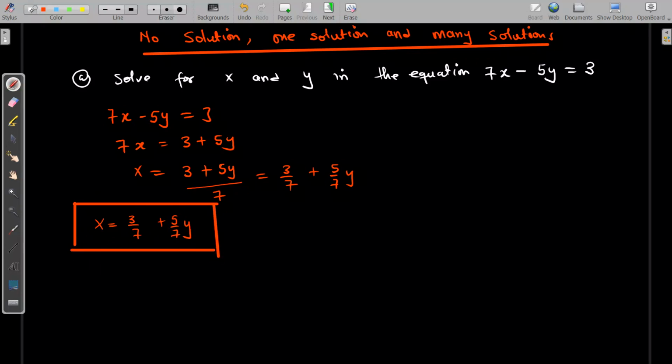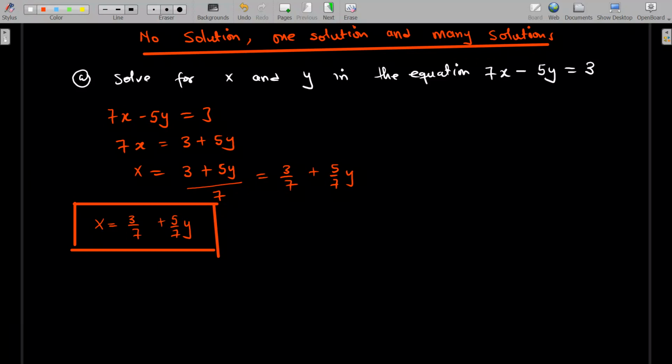So what this is telling us is that if I have any y and I put x to be 3 over 7 plus 5 over 7 y, then if I sum them in this equation, I'll get 3. Indeed, this is true.